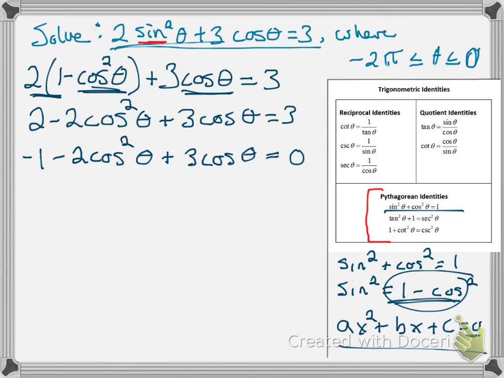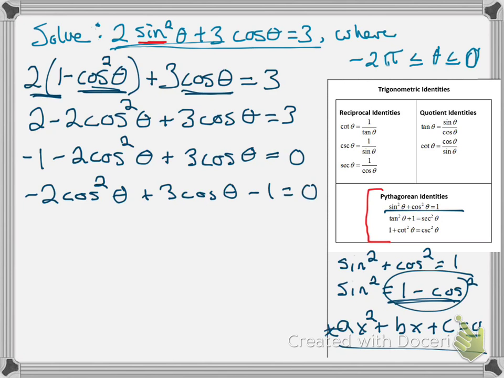All right, one more step to get it to look like we want it to. I'm just going to move things around so my squared term is first. So we got negative 2 cosine squared theta plus 3 cosine theta minus 1 equals 0.